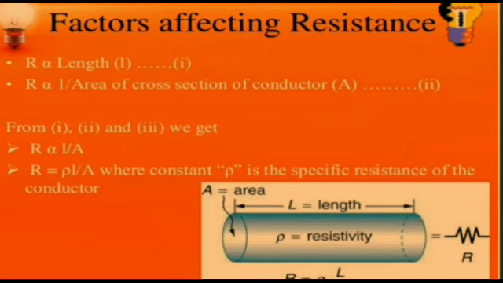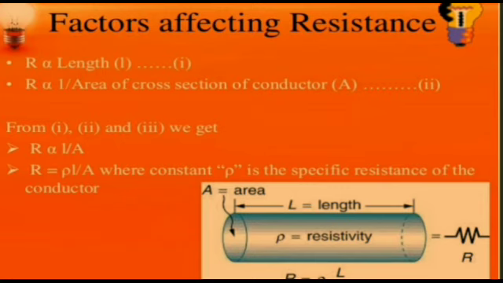The factors: R is directly proportional to length, and R is inversely proportional to A. That means if you increase the length, the resistance also increases. But when we increase the area, the resistance decreases.